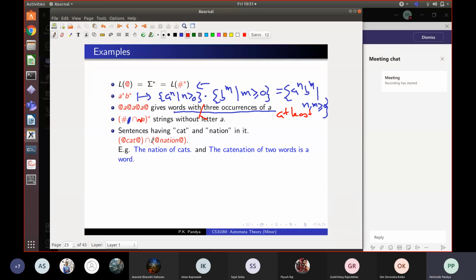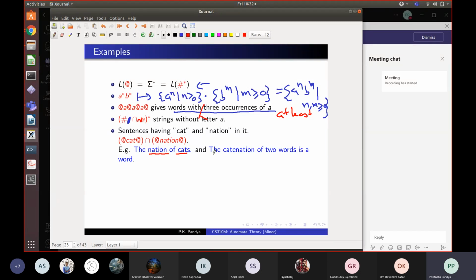And then I take the intersection of these two, right? So I'll get all those sequences of characters in which cat occurs somewhere as a subword and nation occurs as a subword. So this first blue sentence will match this pattern, the nation of cats, because there is somewhere this nation and then there is this cat.